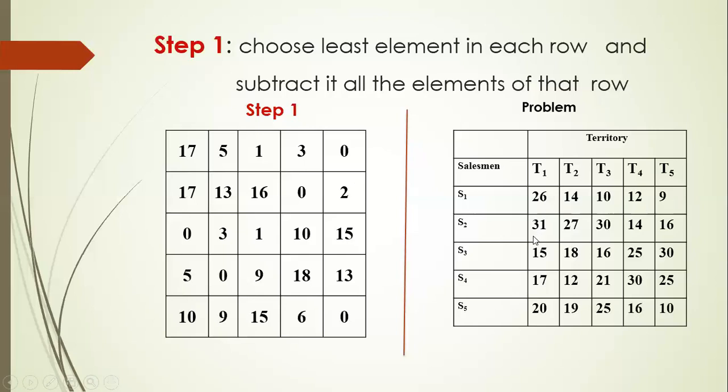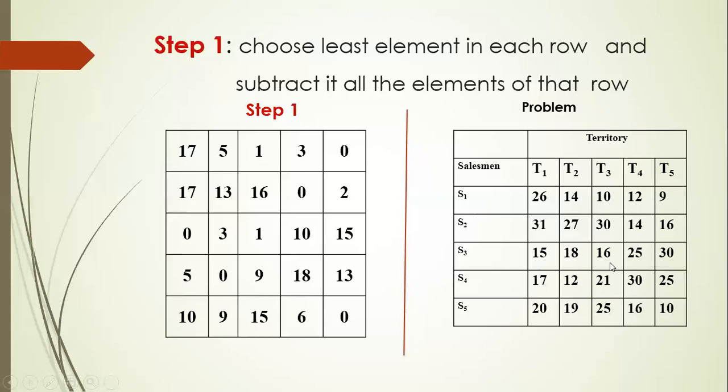Next, the second row. The second row's least element is 14. Subtract 14 from all the elements. So 31 minus 14 is 17, 27 minus 14 is 13, 30 minus 14 is 16, 14 minus 14 is 0, 16 minus 14 is 2. The third row's least element is 15.